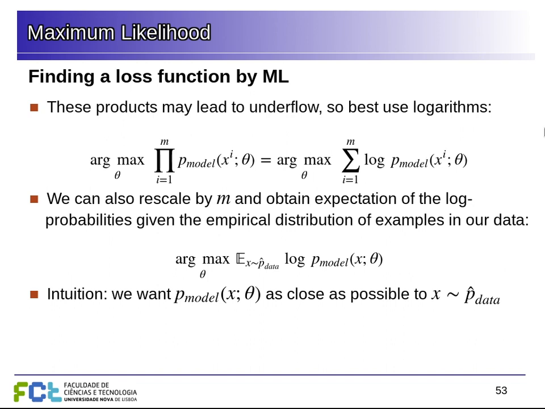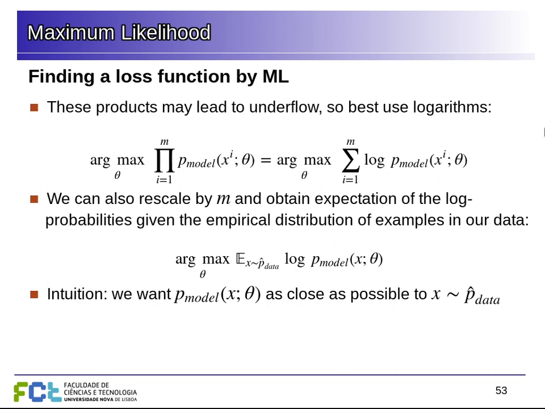We want to maximize the expected logarithm of the probability that our model is telling us for data that is drawn from the universe with this probability distribution that we have when we collect data. So basically we have two probability distributions here. One is the one that exists in real life, which is the one that we are using when we collect data and build our training set.